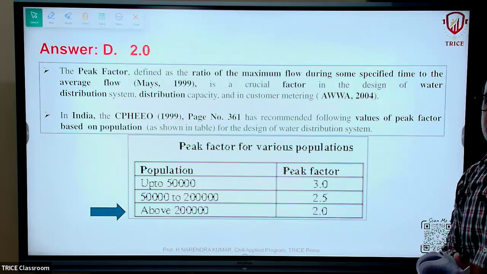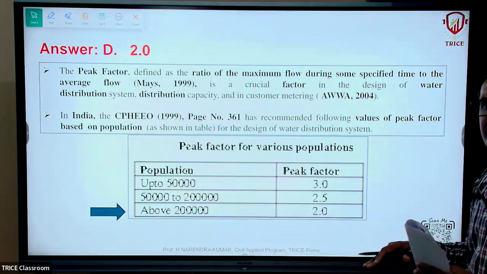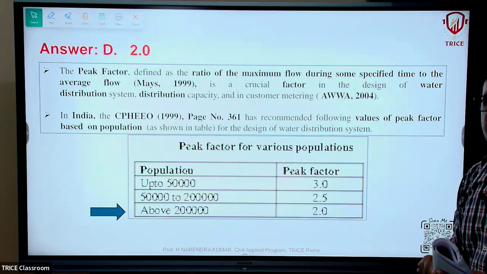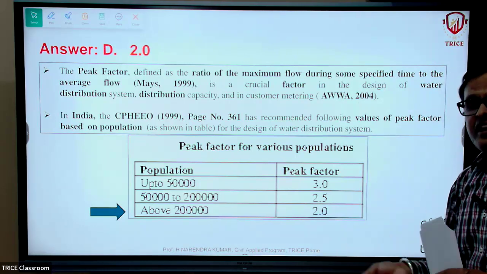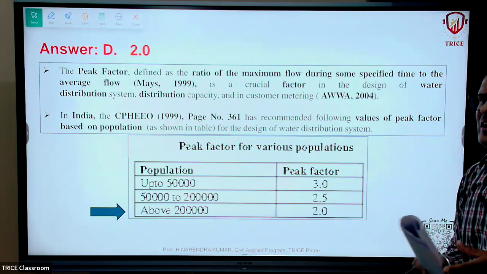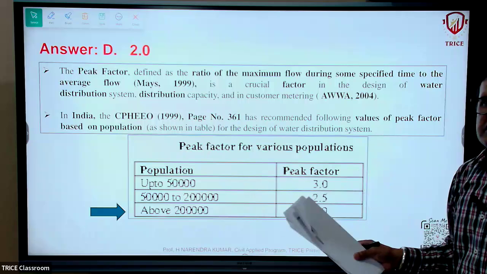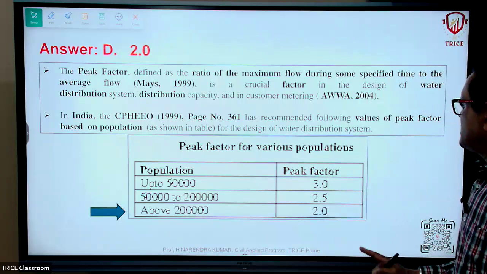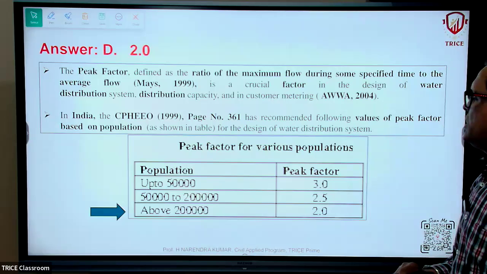Peak factor is the ratio between maximum hourly demand and average hourly demand, maximum daily demand and average daily demand, maximum monthly demand and average monthly demand, and so on. Like that we can calculate the peak factor for different variations. Whereas for population greater than 2 lakh, 2.0 is the peak factor. So the answer is D, 2.0.